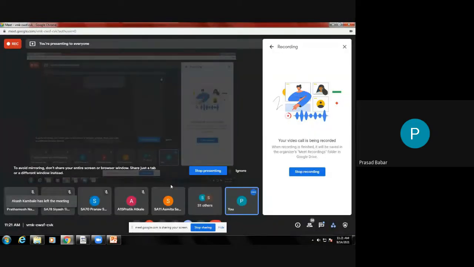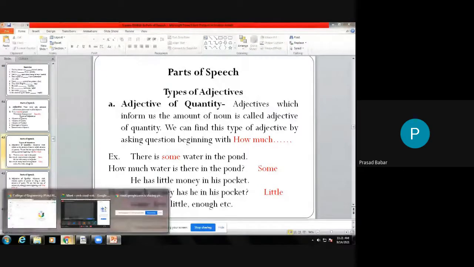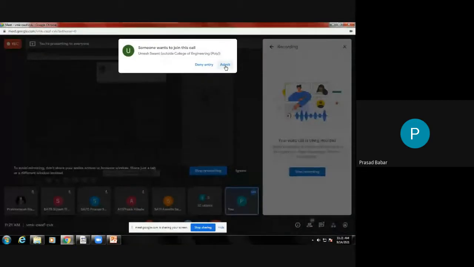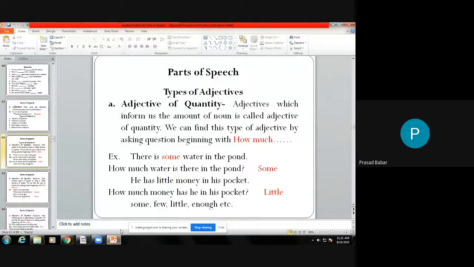If there is an example such as, there is some water in the pond, then if we ask a question starting with how much, it will answer some. So that is why some is used here as an adjective.